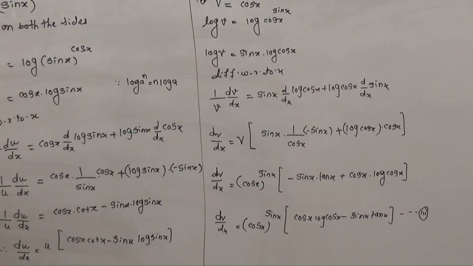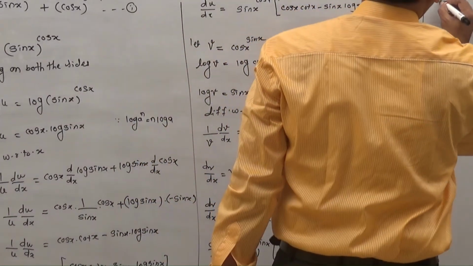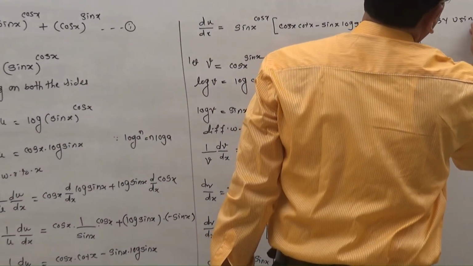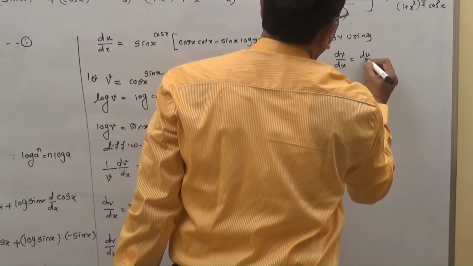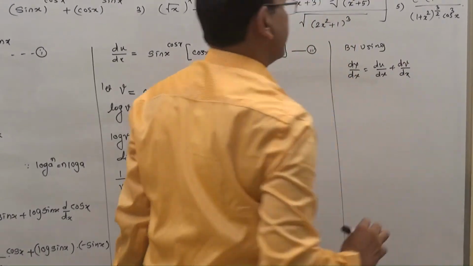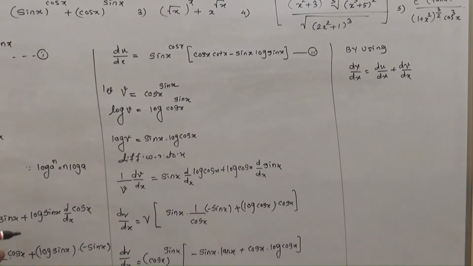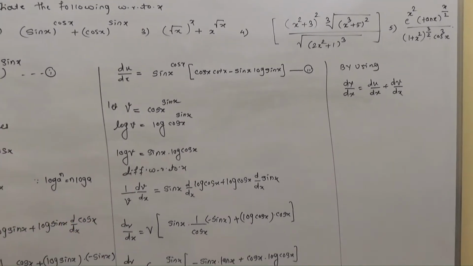Then by using the formula dy by dx is equal to du by dx plus dv by dx, we apply the addition formula here by adding equations 2 and 3.